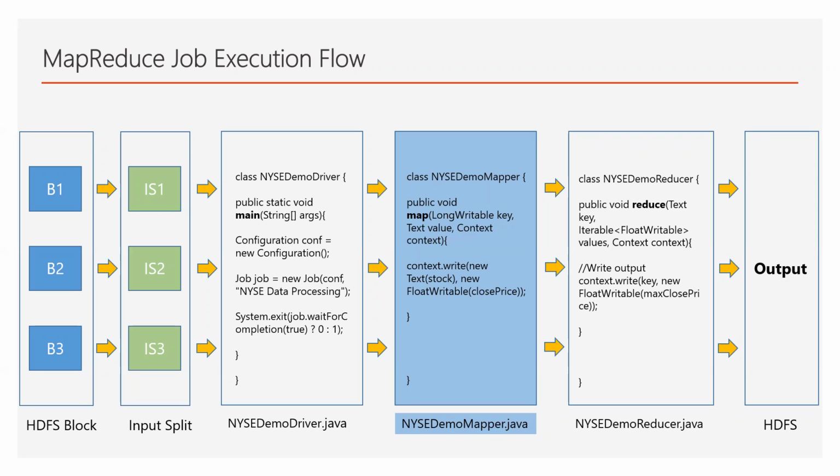Generally we use primitive data types like string, integer, float, and double. To give more performance in distributed computing, the Hadoop framework introduced new data types. LongWritable is for storing your long value, and Text is the data type used to store your string or varchar value.